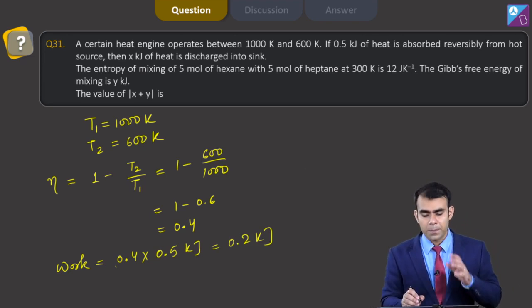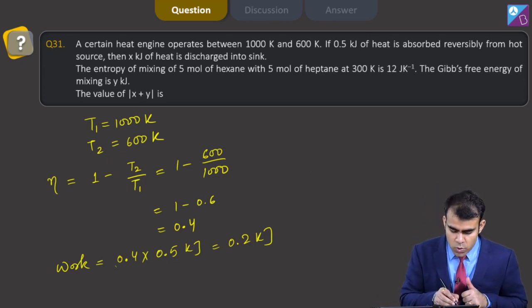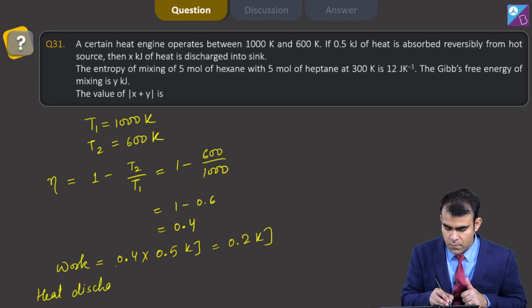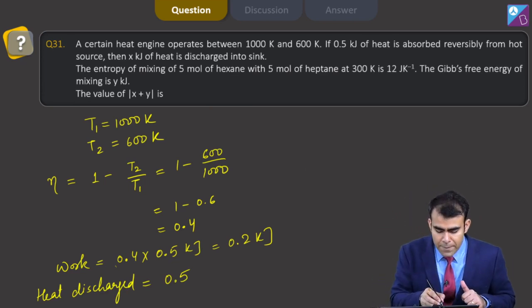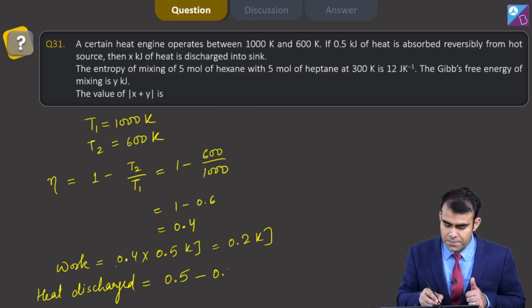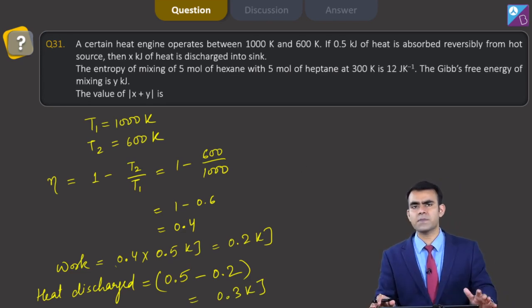Now this is work, but we have to calculate the amount of heat discharged into the sink. So the heat discharged is the amount of heat taken from the source minus the work done, and this comes out to be 0.3 kilojoule. Now my first part is done.